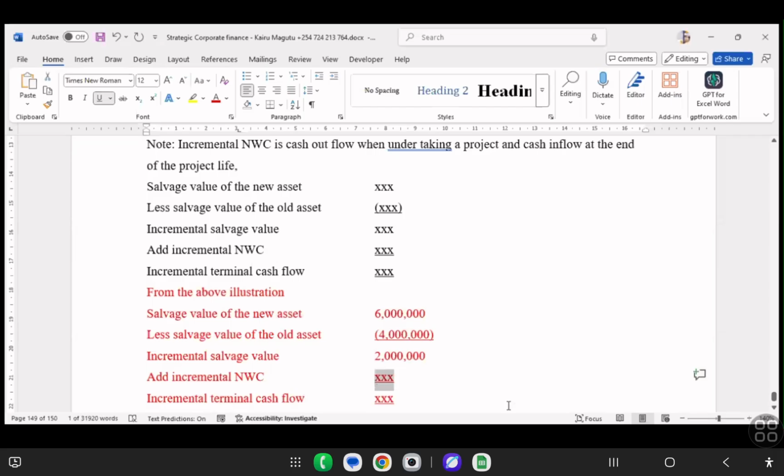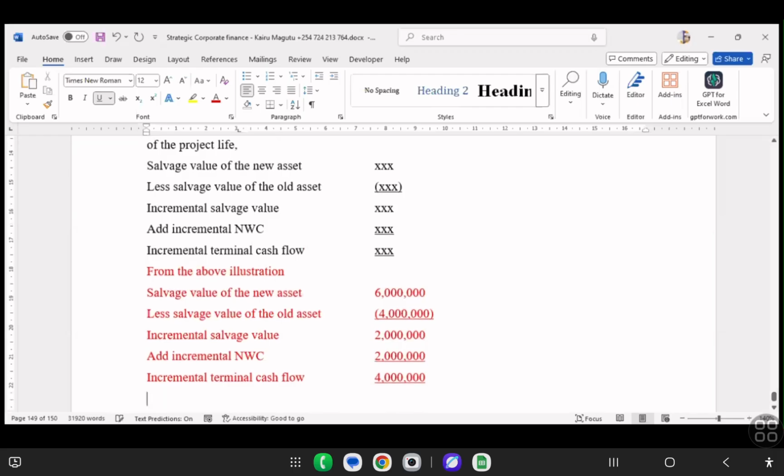Then we are told that the incremental working capital was 2 million. So how much is the incremental terminal cash flow? It is 4 million. That is what is expected. Unless someone has a question, I can move to the next item.